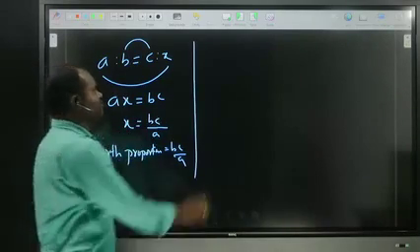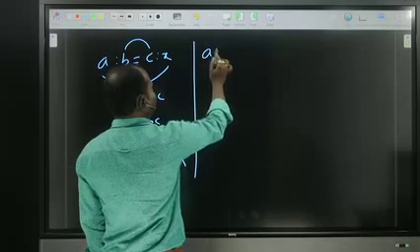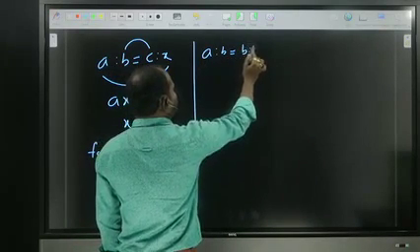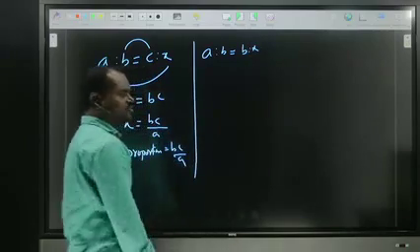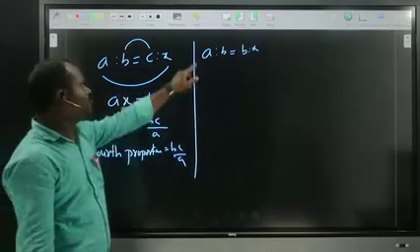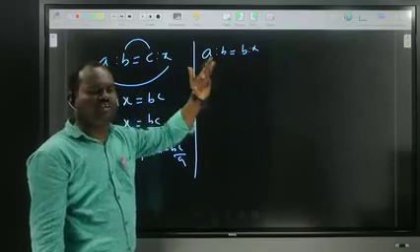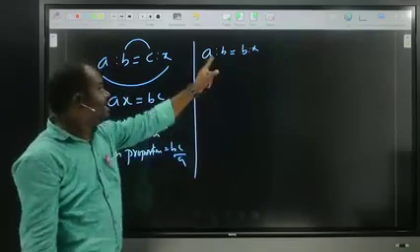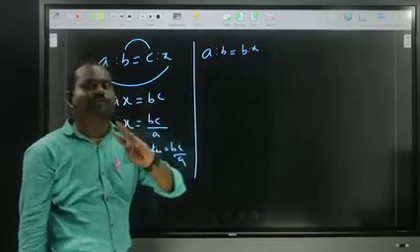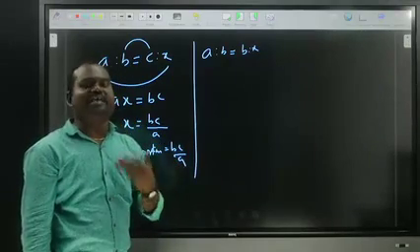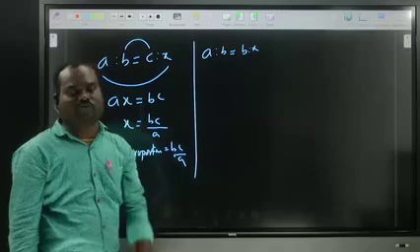And one more is A is to B equals B is to X. Generally A is the first and B is the second, and here B is repeated. X is actually in the fourth position only, but B is repeated, that's why X is called the third proportion.